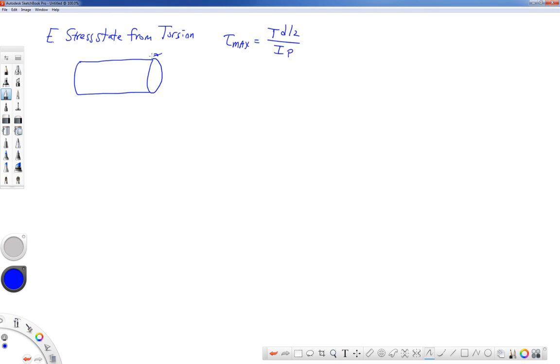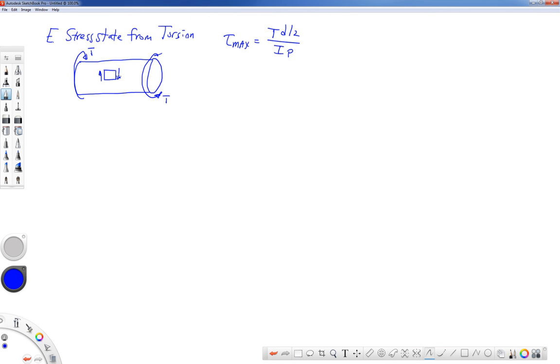And in this case, if I have my round bar and I'm applying the torques this way, then I get what's known as a state of stress on the outside of the bar. I'm going to show this on a little square called a stress element or a stress block. And we know previously that shearing stresses always act as a set. So I have a shearing stress coming down this way and a shearing stress coming up at the back.